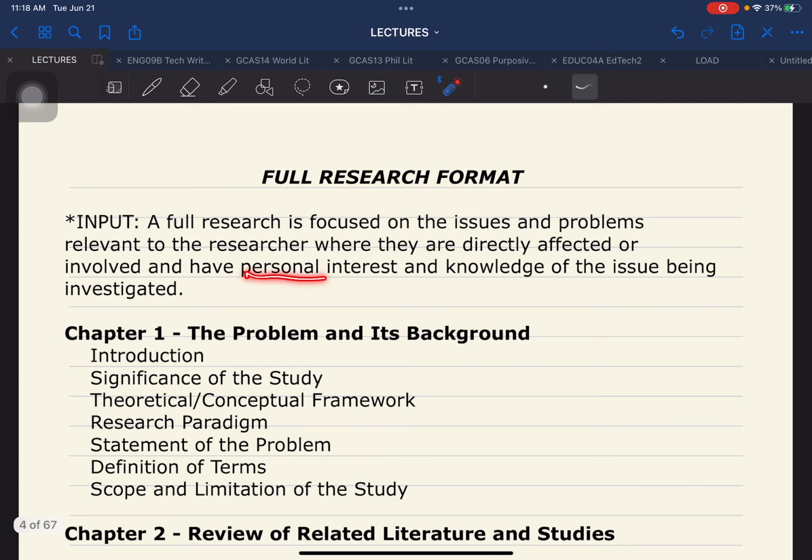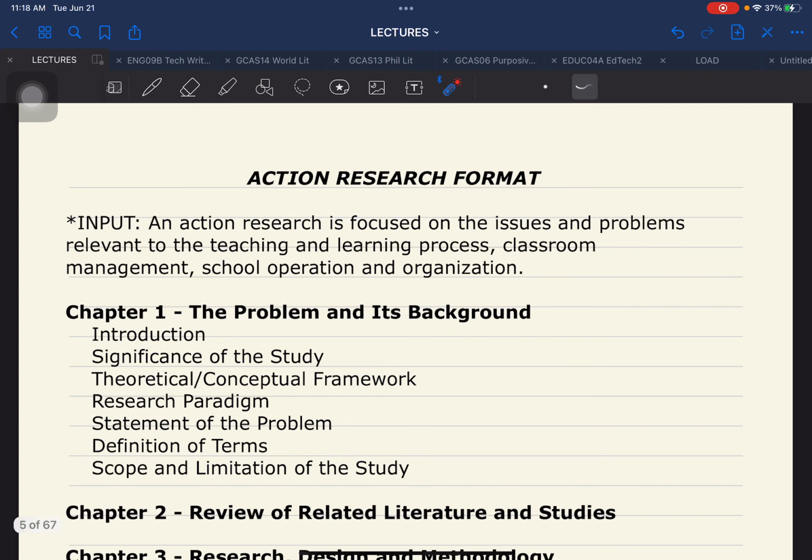Okay? Personal interest and knowledge of the issue being investigated. While an action research is more focused on the problems encountered or relevant to the teaching and learning process and the following. So, action research formats are usually given to teachers. Okay?